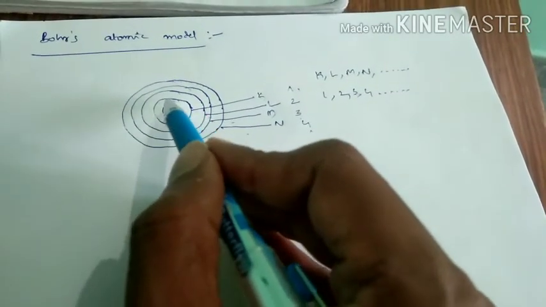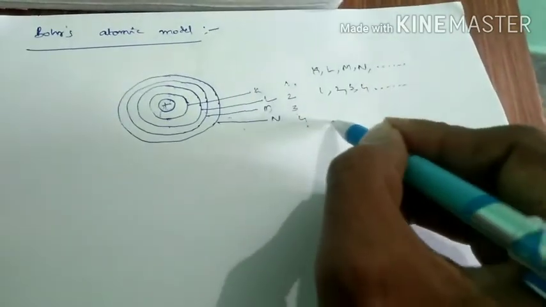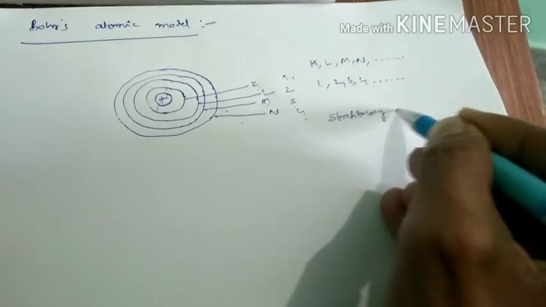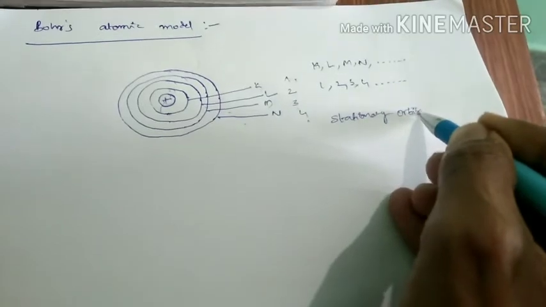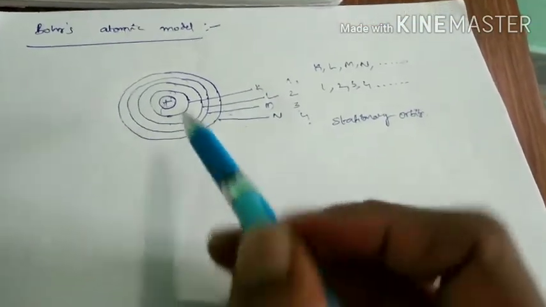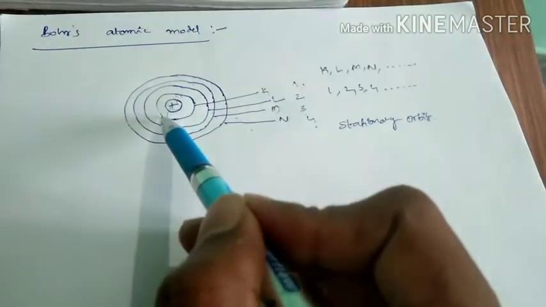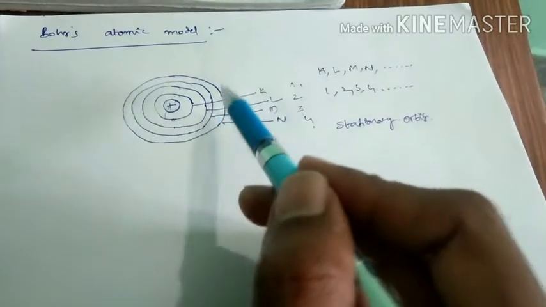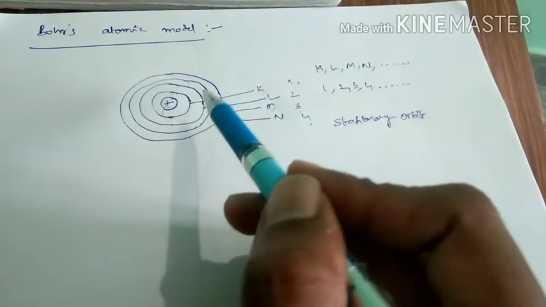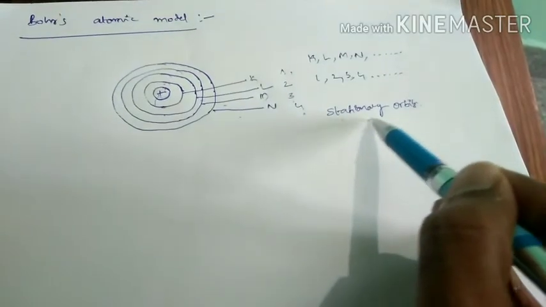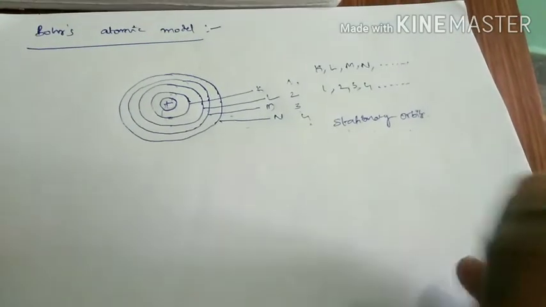That is why these orbits are called stationary orbits. That is the third point. When the electrons revolve in these orbits, they don't lose or gain energy, so these orbits are called stationary orbits.